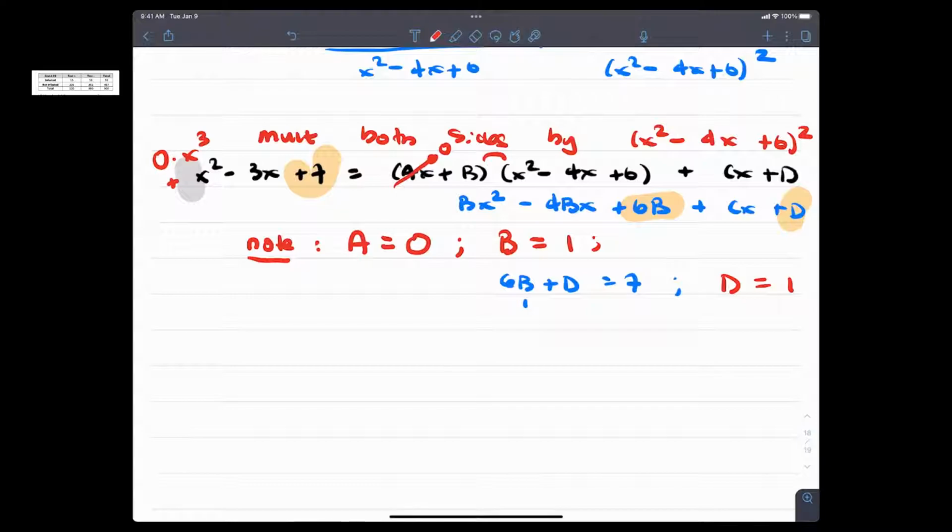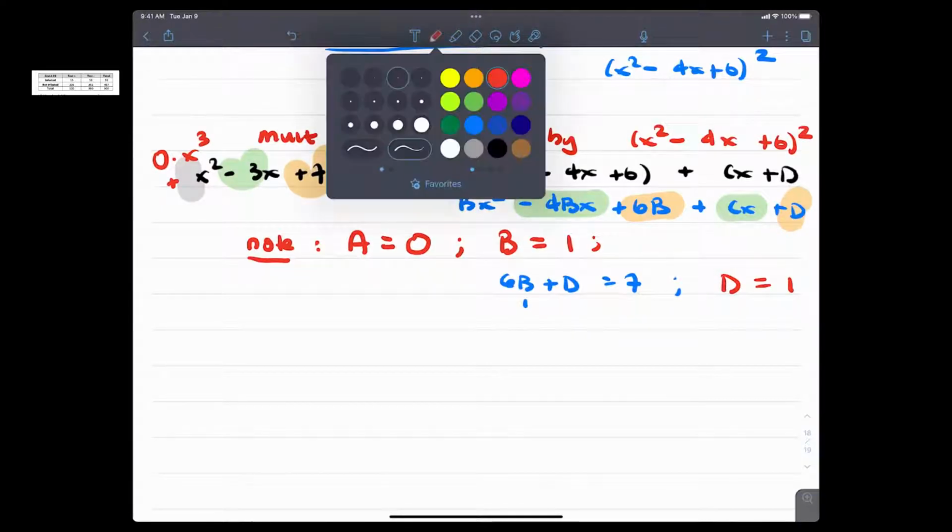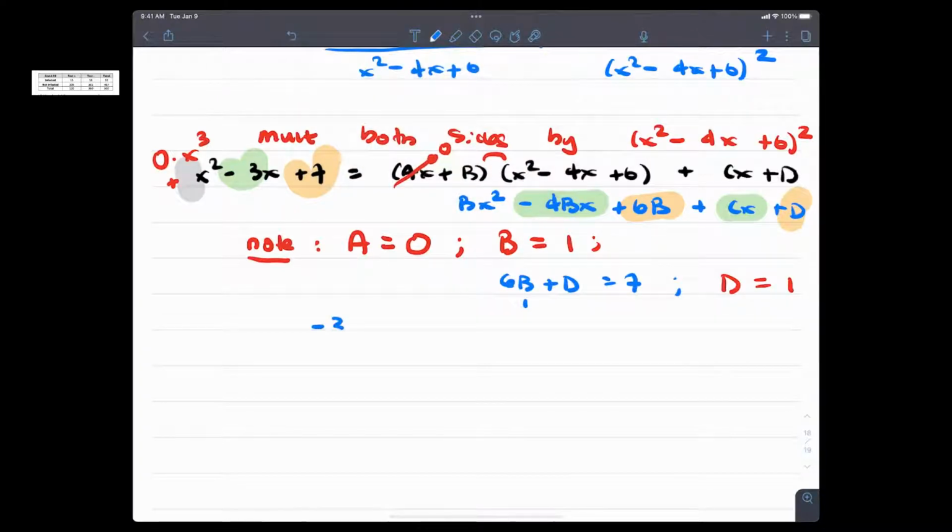And then you might say, how do I know what c is? Let's be careful. Let's change colors. Cx, negative 4bx, that has to be negative 3. Is that right? So you can say negative 3 is negative 4, b is 1 though, so it's negative 4x plus... hold on.